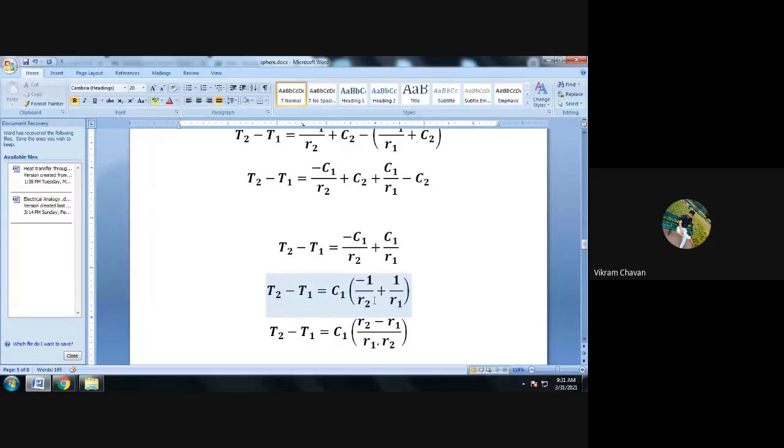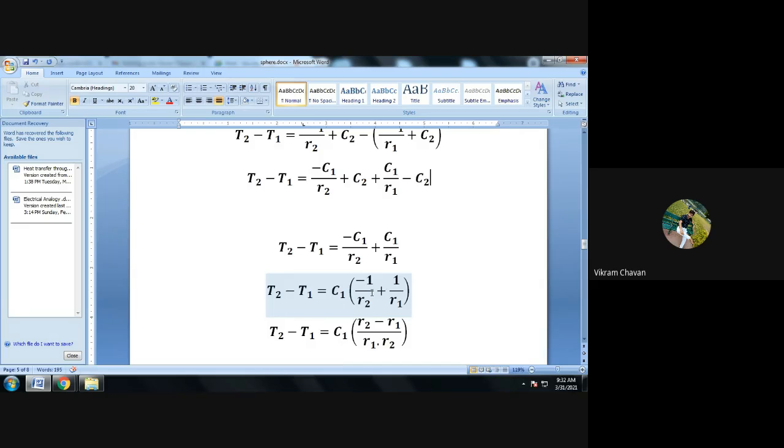Next, we have to perform the cross multiplication for the inside of the bracket. So T2 minus T1 equal to C1. Now R1 multiplied with minus 1 will be minus R1, and R2 multiplied with plus 1 will be plus R2. So plus R2 minus R1 in the numerator, and the denominator terms will be multiplied.